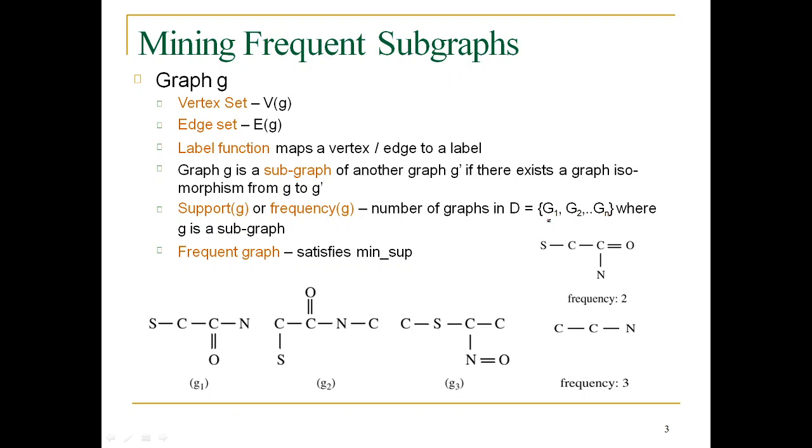Suppose you have this particular graph. In this graph you need to find out what subgraphs exist. So you can get graphs like G1, G2 and G3 and so on. Whenever you get those graphs, they should be isomorphic to the graph G dash. So whatever graphs are there, they should contain the isomorphic values.